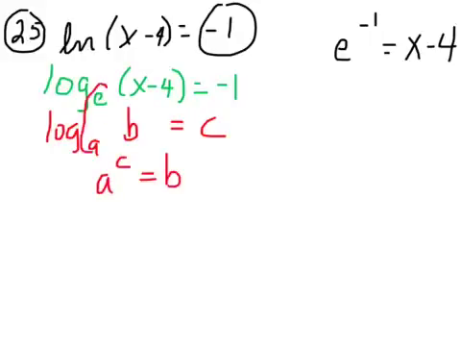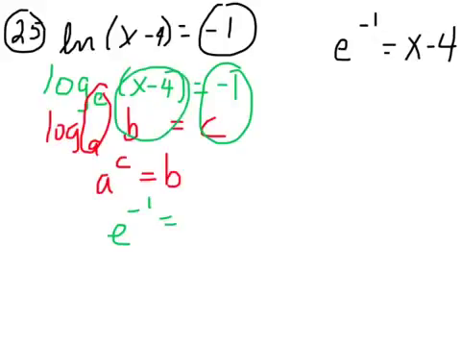So the a was e, the c is negative 1, and the b was x minus 4, okay? So that's how I got what I have over here to the right in black. That's how I could have gotten it if I didn't see how to do it the quick way.